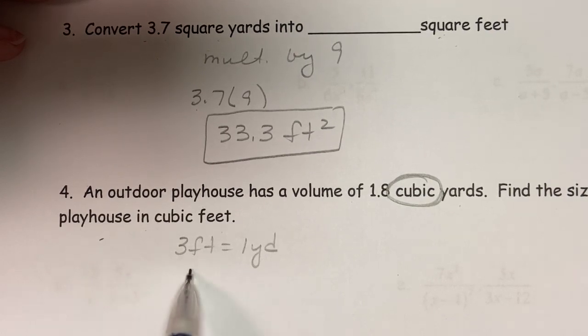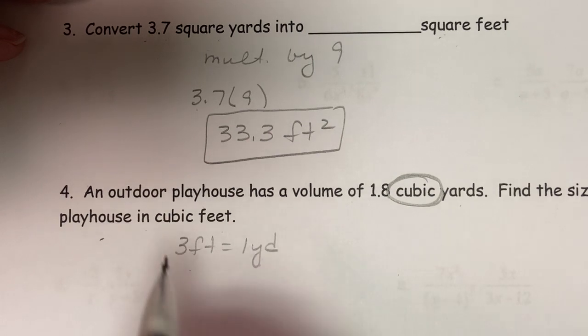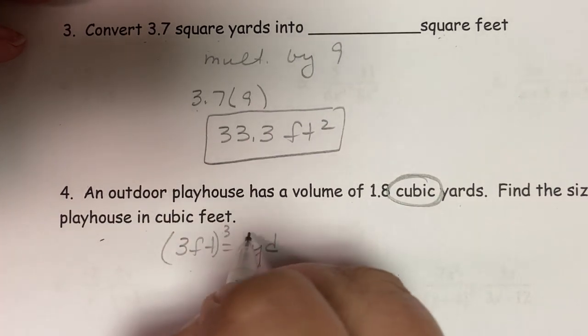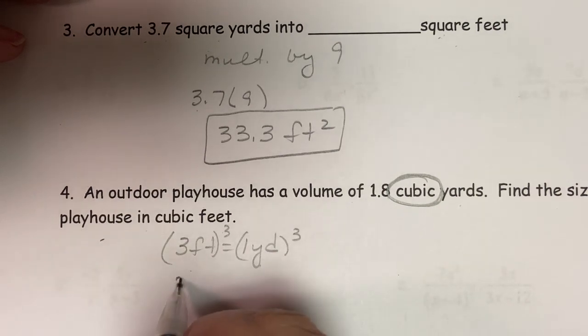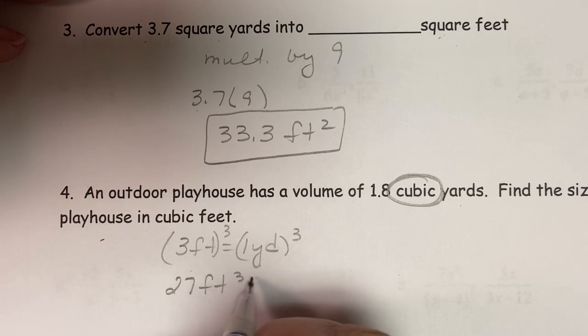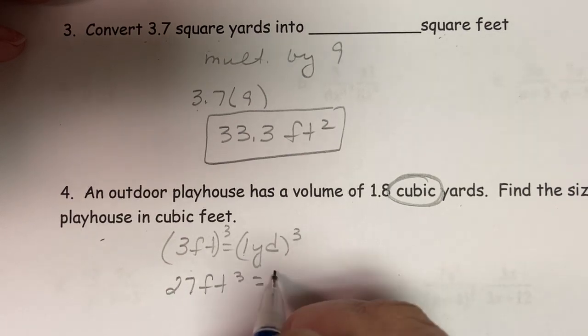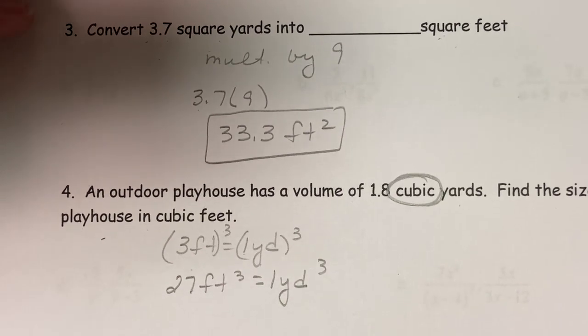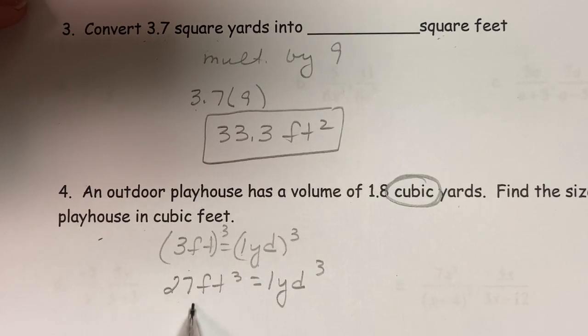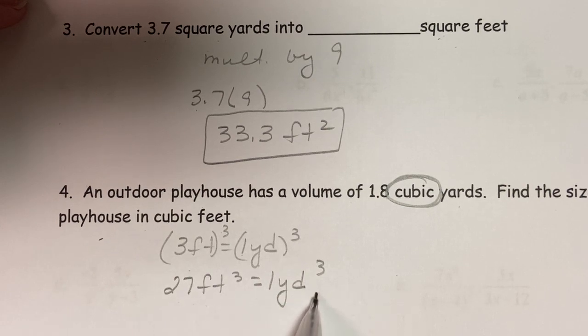So how do I convert this little equation to cubic units? You're going to cube both sides. So 27, that's 3 cubed, feet cubed, is equal to 1 cubed is still 1 cubic yard. So 27 cubic feet is equal to 1 cubic yard.